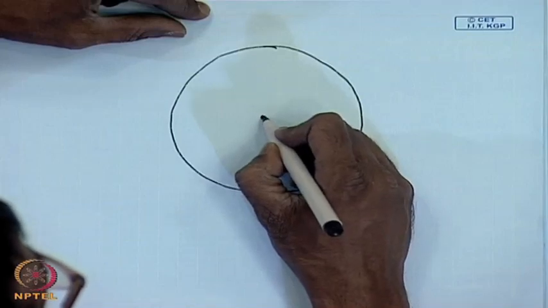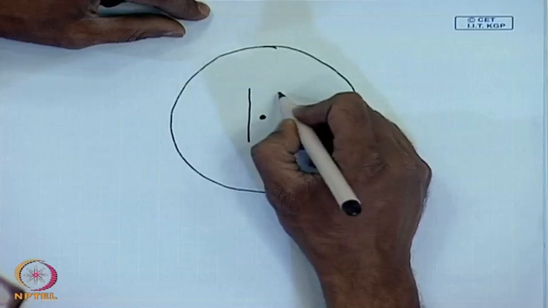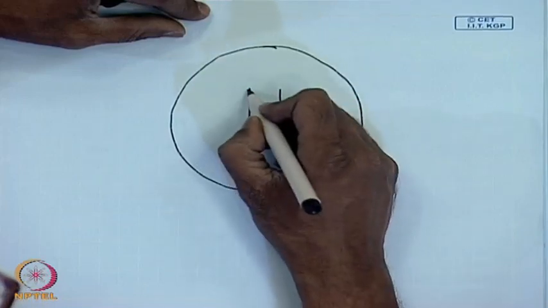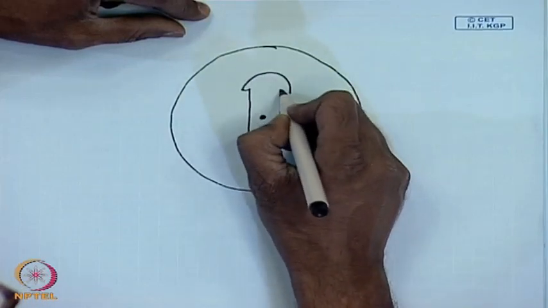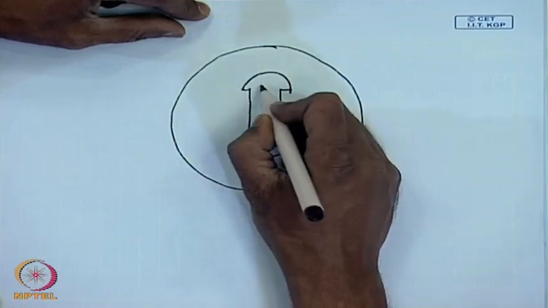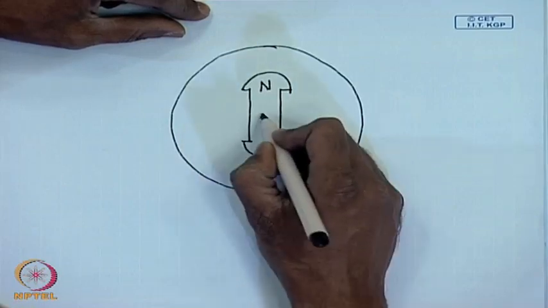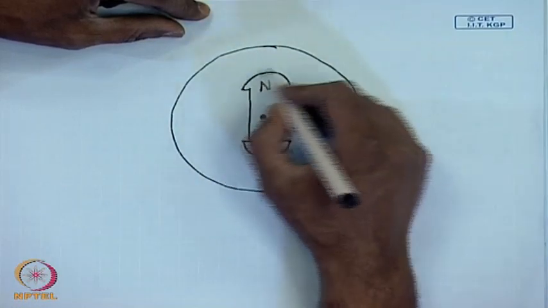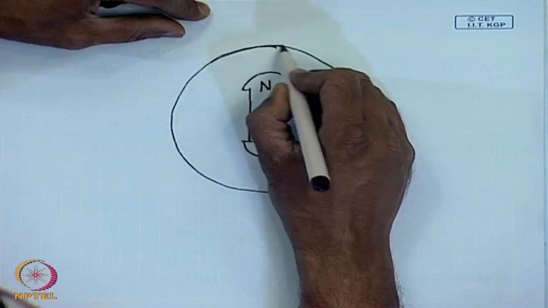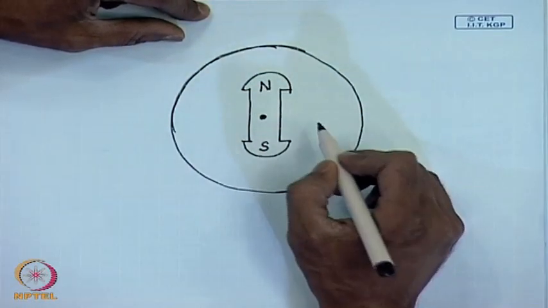Somehow at the center of it I have kept a magnet with this north pole and this as the south pole. This is not attached to the other part of the machine and it is free to rotate.